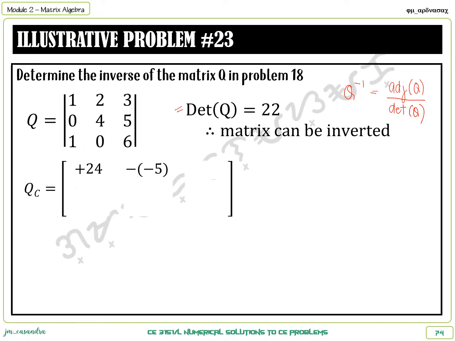Next we have element 1,3. We'll have positive 0 times 0 minus 1 times 4, so that will be negative 4. Next we have element 2,1.